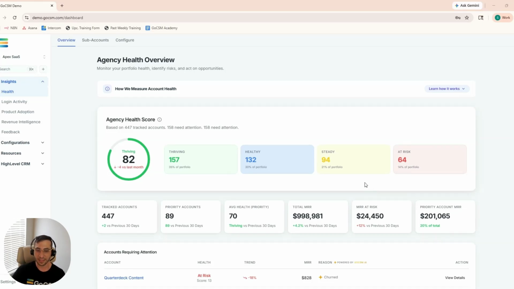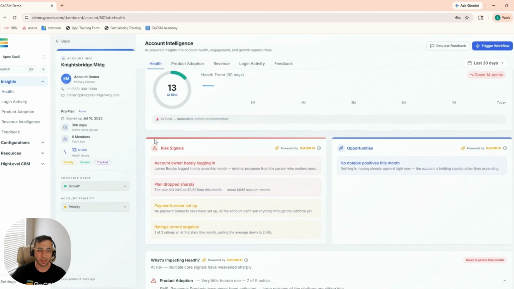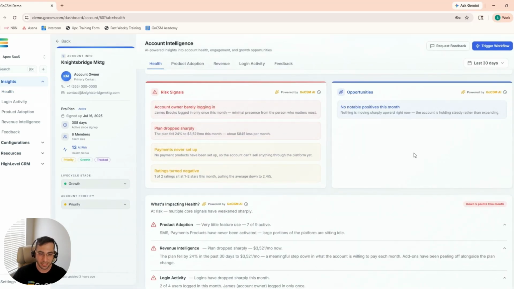The second thing, and this is probably the highest value thing that a manager and director can do inside of GoCSM, is pattern recognition. So go to health, go to sub accounts, filter by at risk, and one by one, go through the account health hub of each account and look at the AI overview for each of these accounts and take notes.